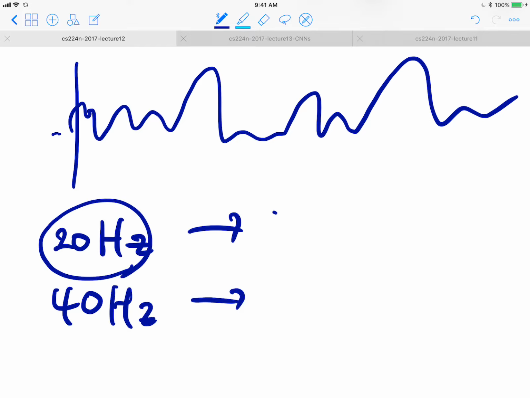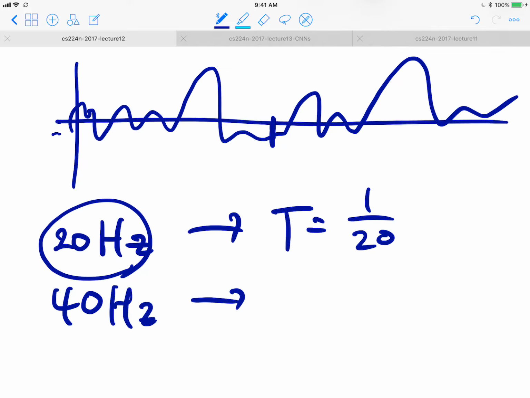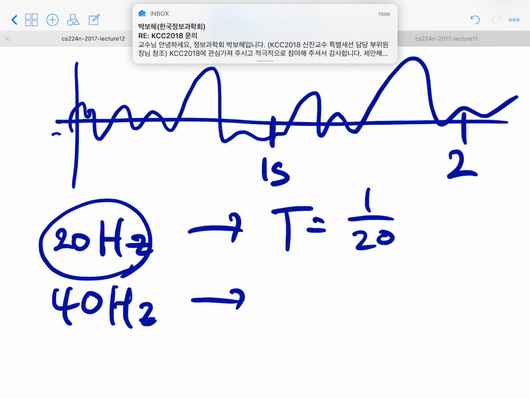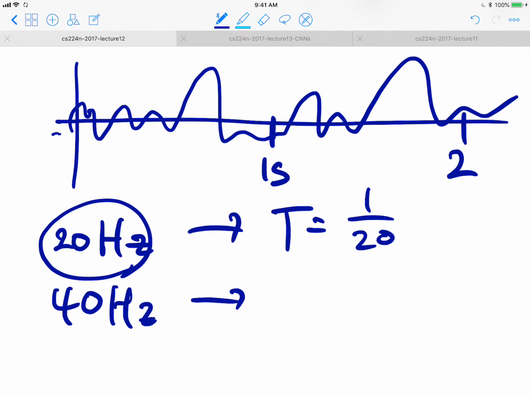So this one has the period as what? 1 over 20, right? 1 over 20. So it means, suppose we have 1 second here and 2 seconds here, and then within 1 second we have 20 cycles, right? 20 cycles, and thus that 20 cycle is typically formed as a sinusoidal signal.